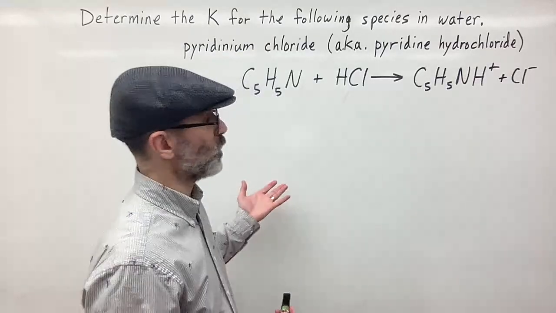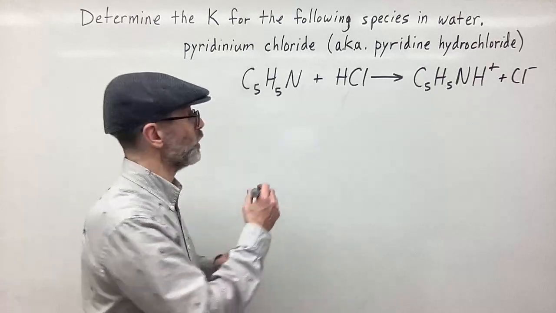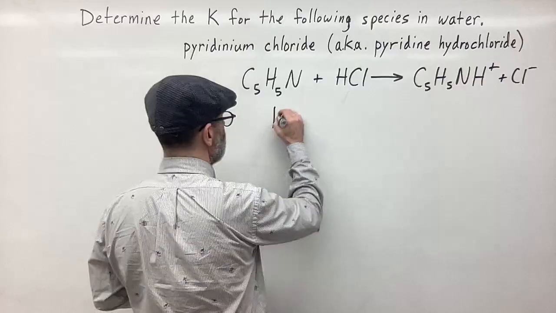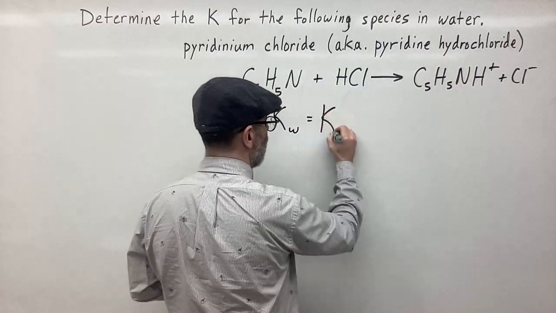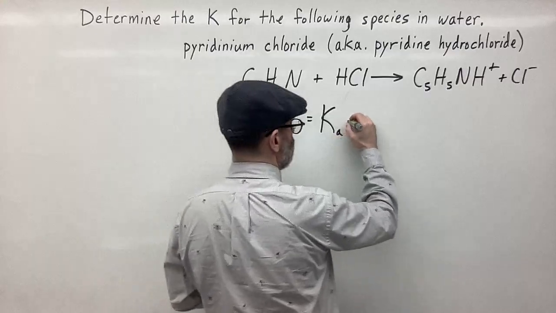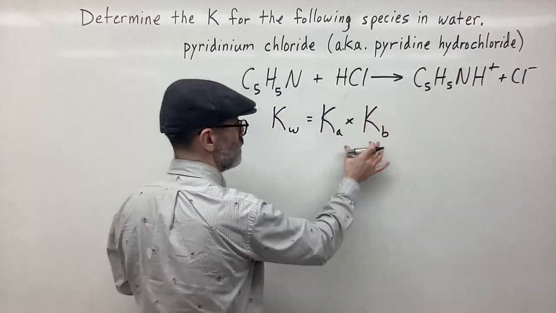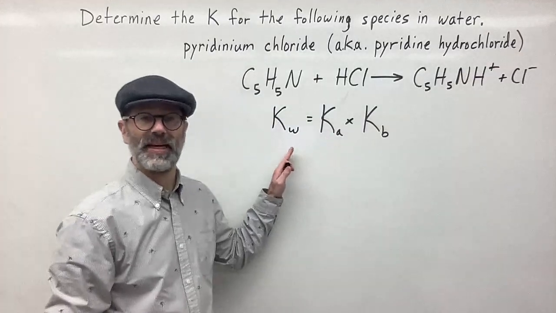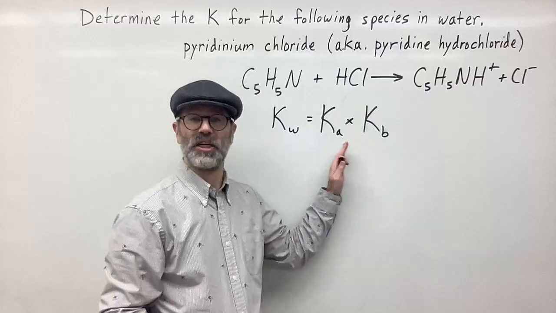So we need to start with the base. The formula that's going to be really important for us is Kw is equal to the Ka of the acid multiplied by the Kb of the conjugate base. So this is related to Kw by the conjugate acid-base pair.